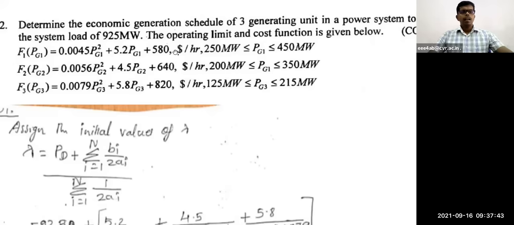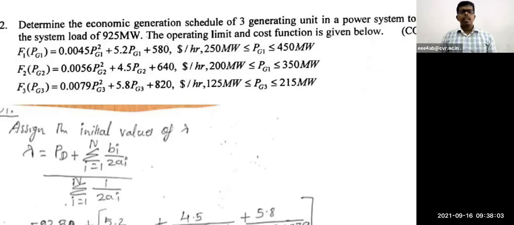So first, F1 of PG1 is equal to 0.0045 PG1 square plus 5.2 PG1 plus 580 dollars per hour.